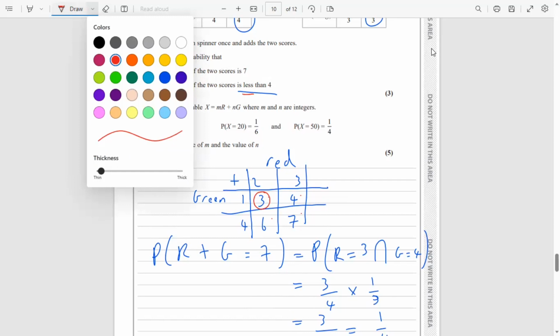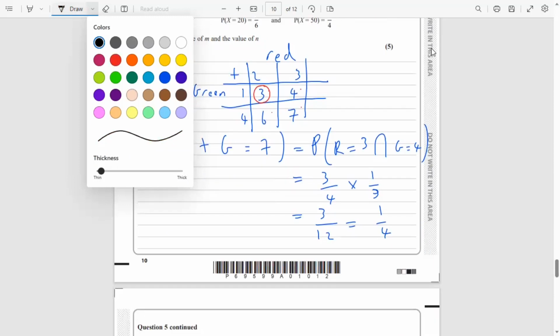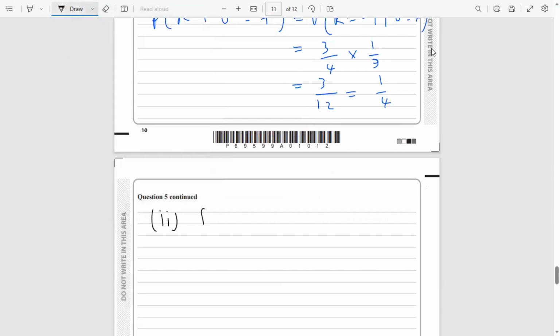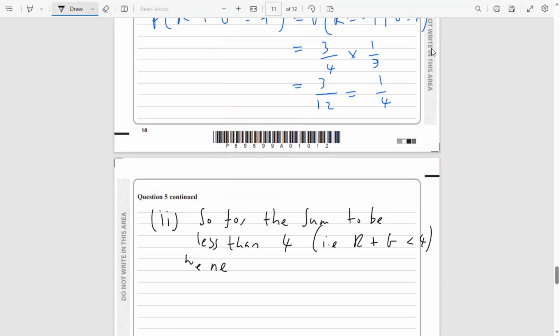So let's just write this down in the next part of the question. So part 2, which I'll write down here. So for the sum to be less than 4, in other words, if R plus G is less than 4, we need the R to be 2 and we need the green to be 1.